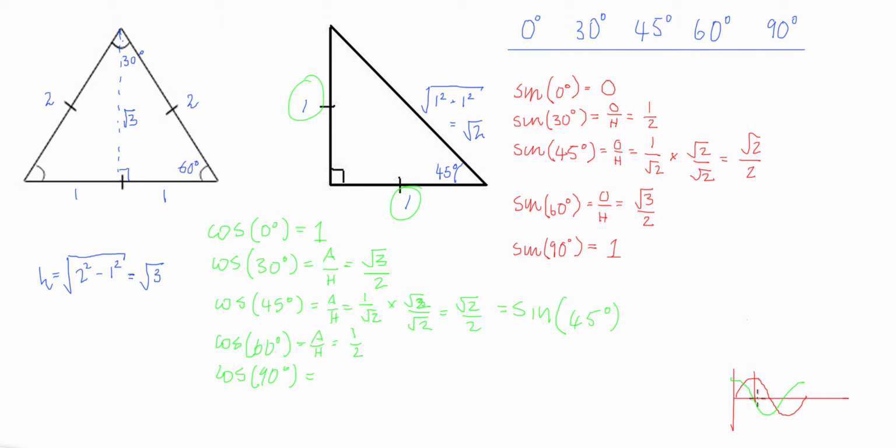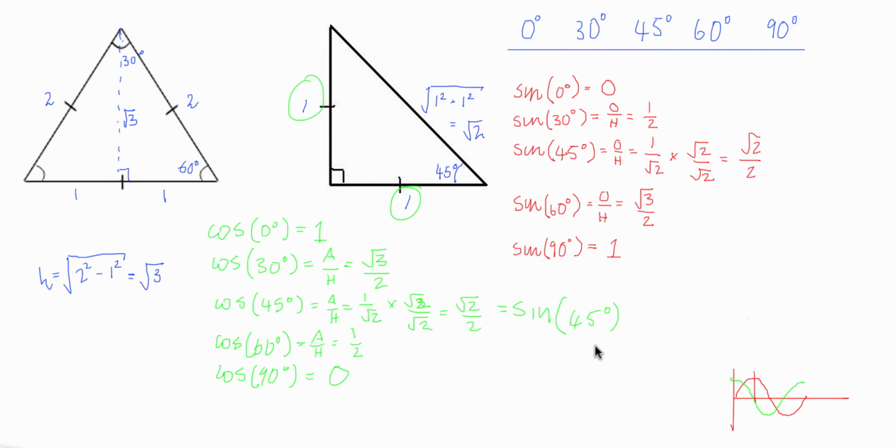If we have a look at our cosine graph, when the angle is equal to 90, the cosine of it is equal to 0. So it's the exact opposite of the sine. It has no value at 90. So cosine of 90 is just equal to 0.